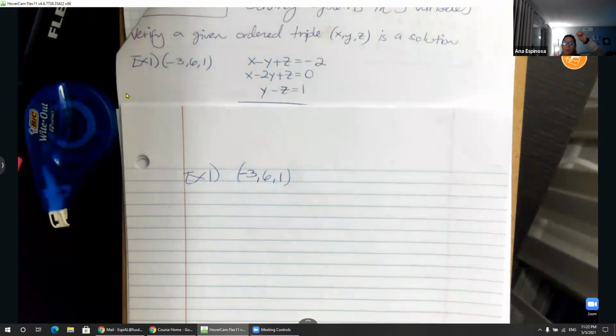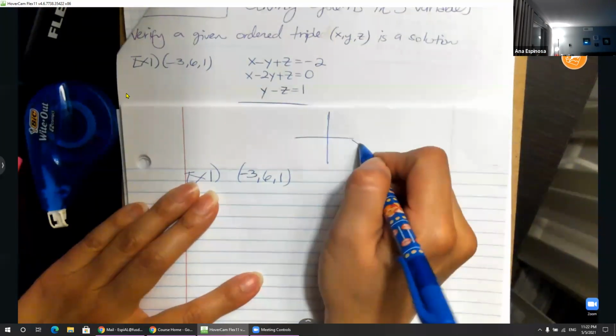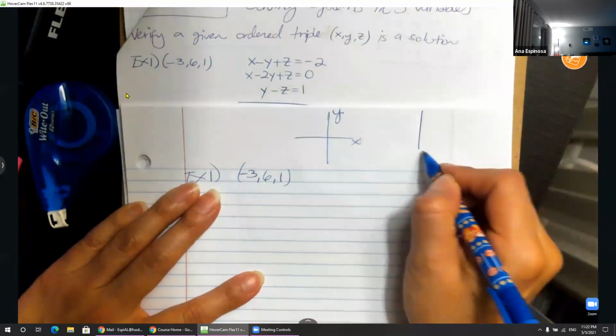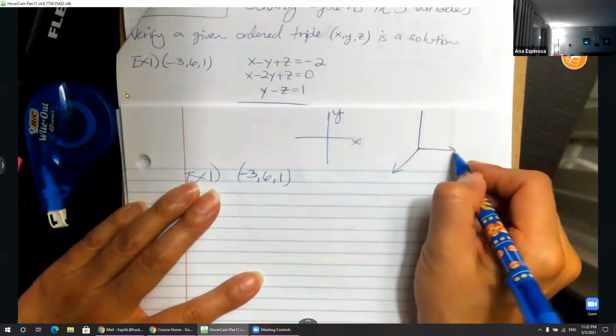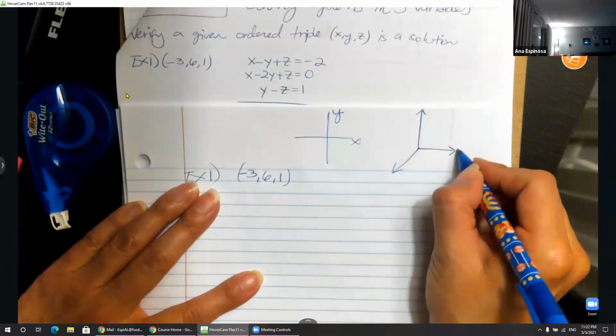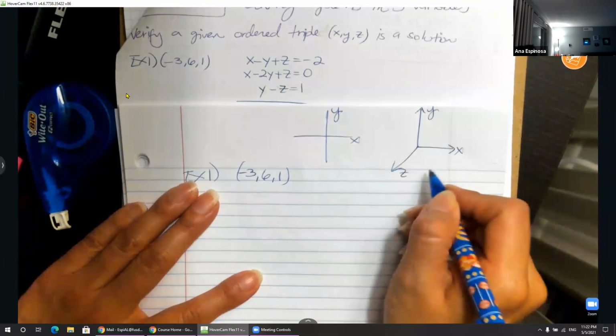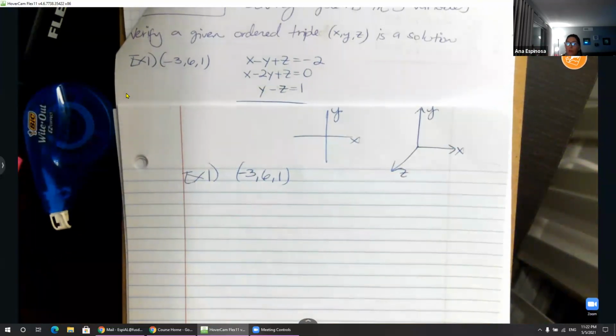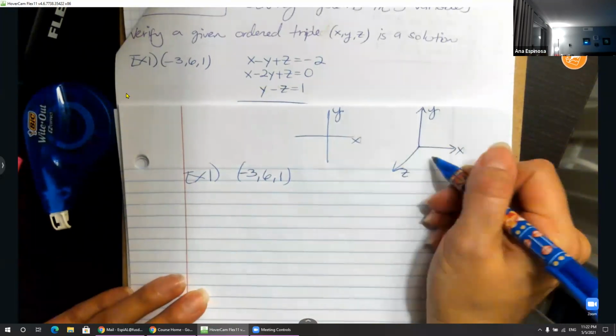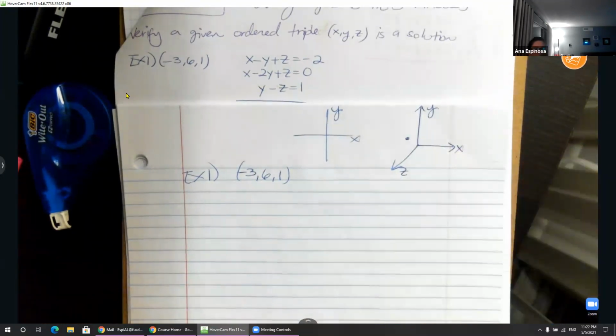It would have an X, a Y, and a Z. So instead of drawing X and Y, it's going to be X, Y, and Z. This is like a corner, like the corner of a room. Okay, so that dot would be like literally floating in space. It's hard to put the dot exactly where it would be.